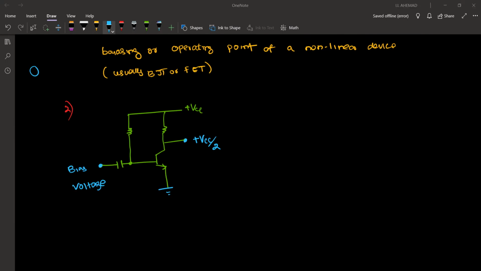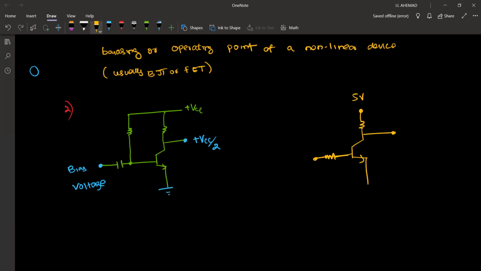So what is the purpose of that? Don't write what I am writing, only this diagram. Now let's say this is my transistor, and my supply voltage is 5 volts, and I have not biased it.